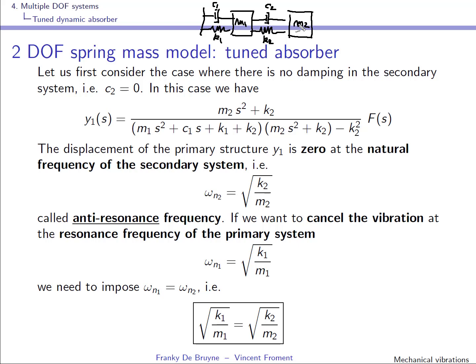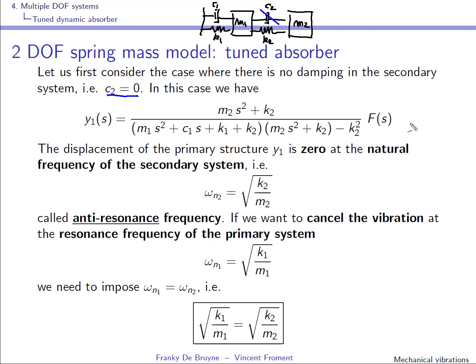And to simplify things here, we'll impose that in the second system there is no damper, so we'll take C2 equals 0, right?